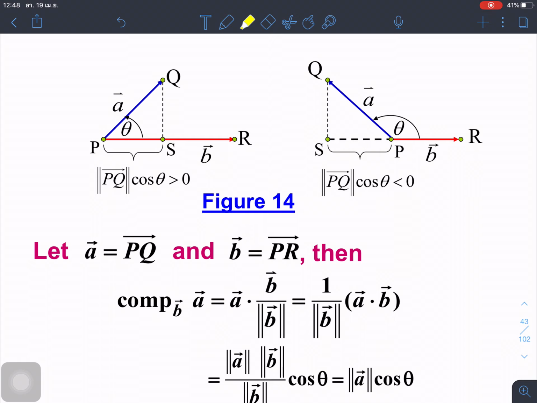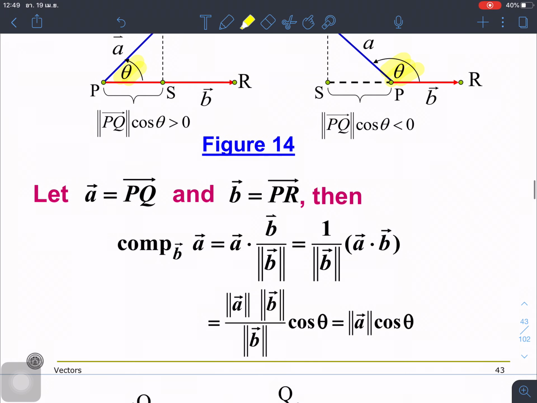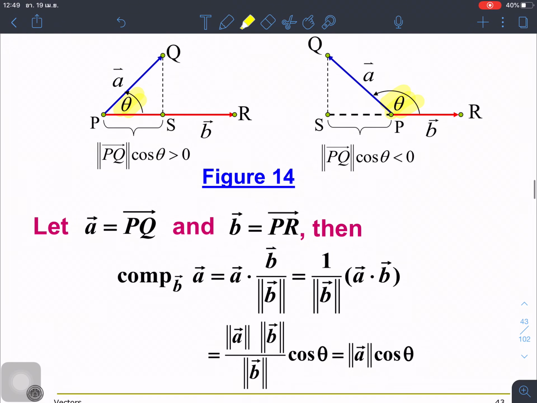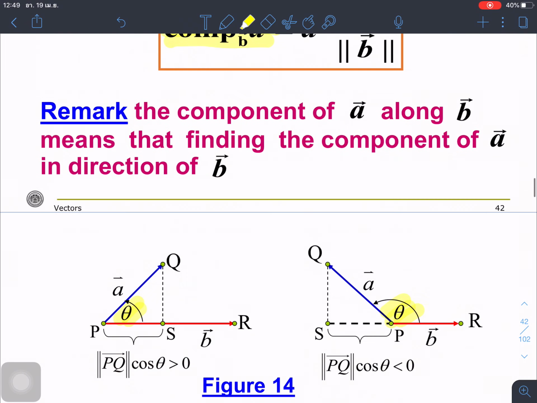You push vector PQ down here, given the angle theta, either acute or obtuse here, to the direction of vector PR. If you push it down, you will get the modulus of PQ multiplied by cosine theta. The same way you study in physics, right? And this will match up with the scalar component as we have in the definition on the above slide.